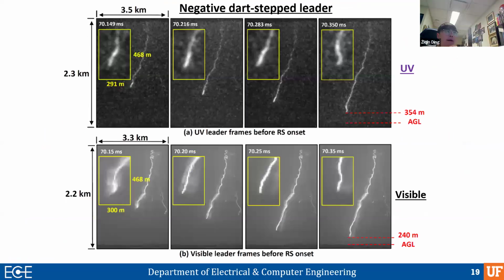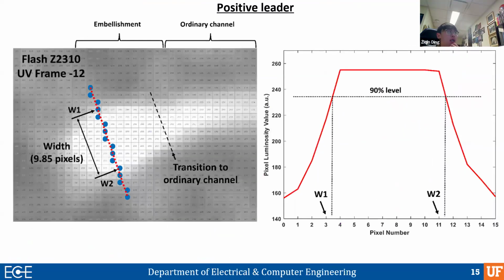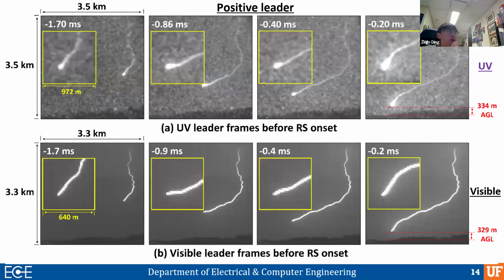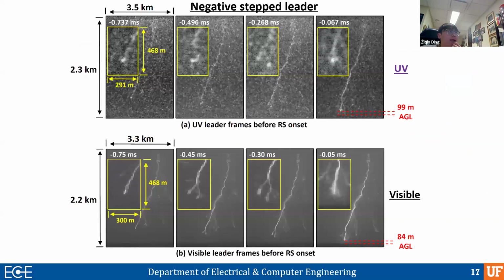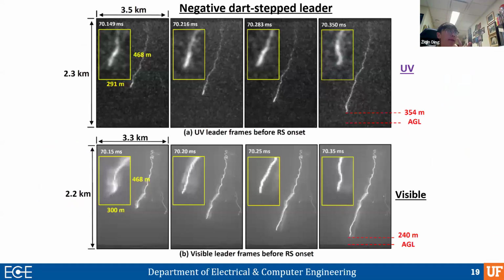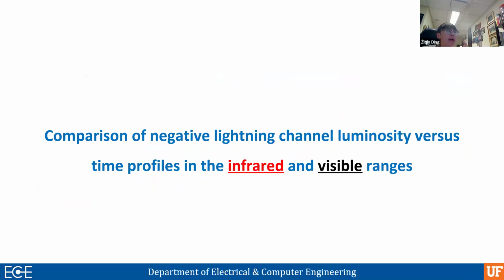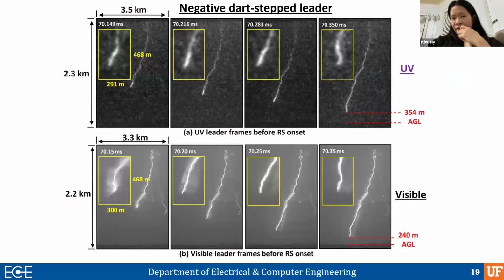Here we observe the streamers in front of the positive leader. For negative step leader, we didn't observe any streamers, and for negative dot step leader, we didn't see any streamers. For the dot leader, which I didn't show here today, we also have records for a negative dot leader, and we didn't see any streamers either.